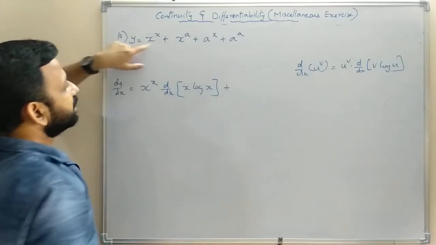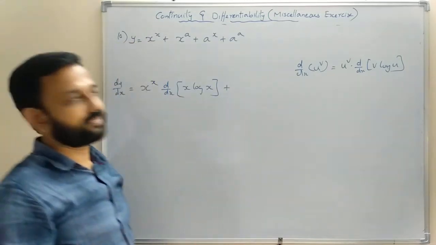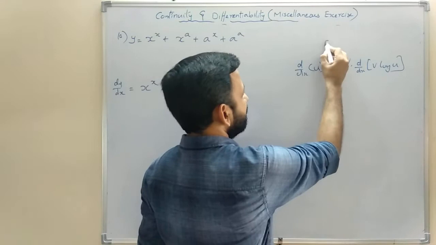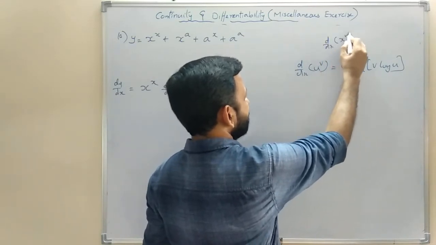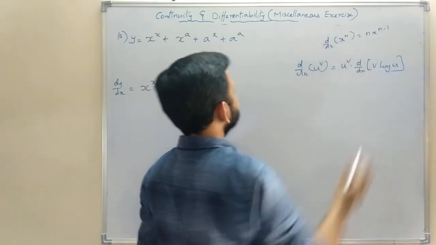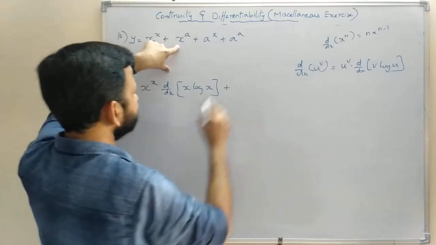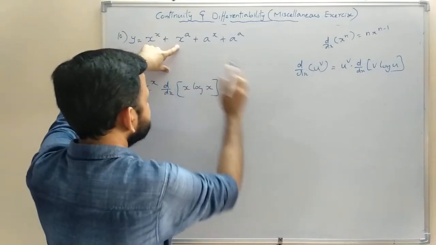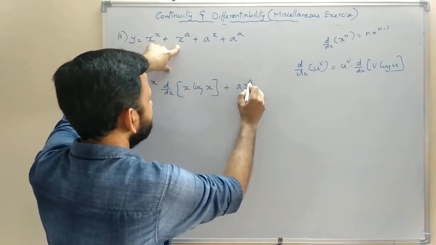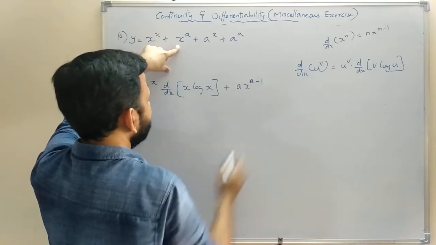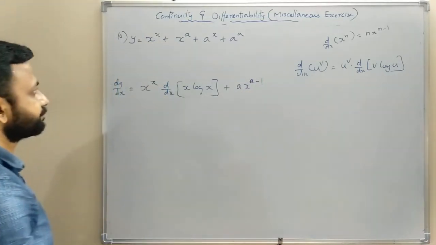Then plus d by dx of x raised to a. We can use this formula: d by dx of x raised to n is equal to n x raised to n minus 1. So d by dx of x raised to a is equal to a x raised to a minus 1, because a is a constant.